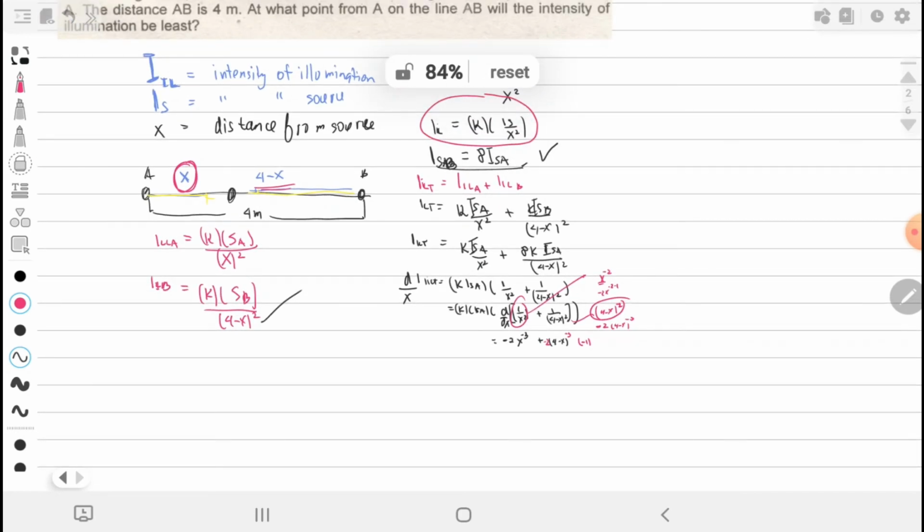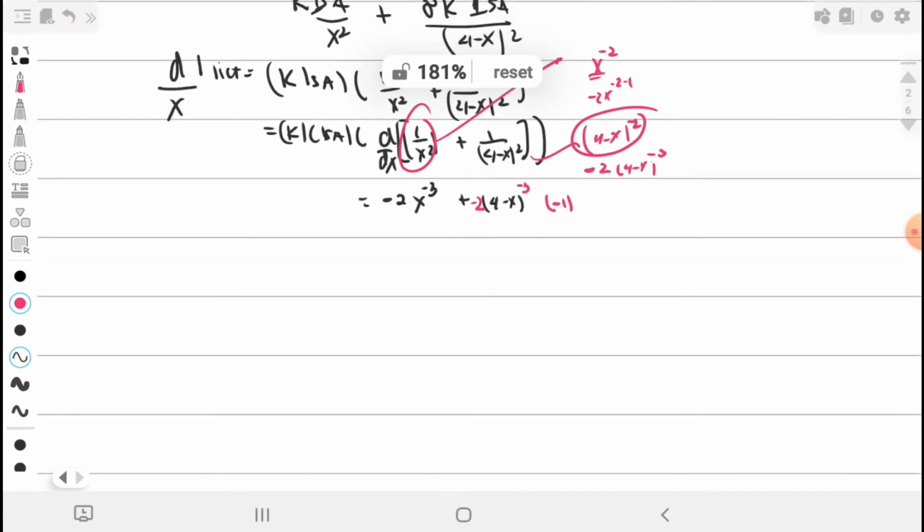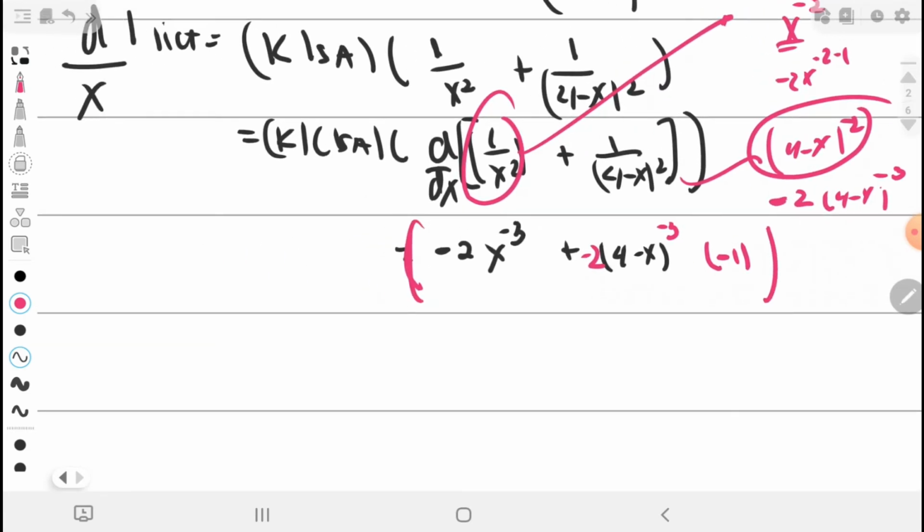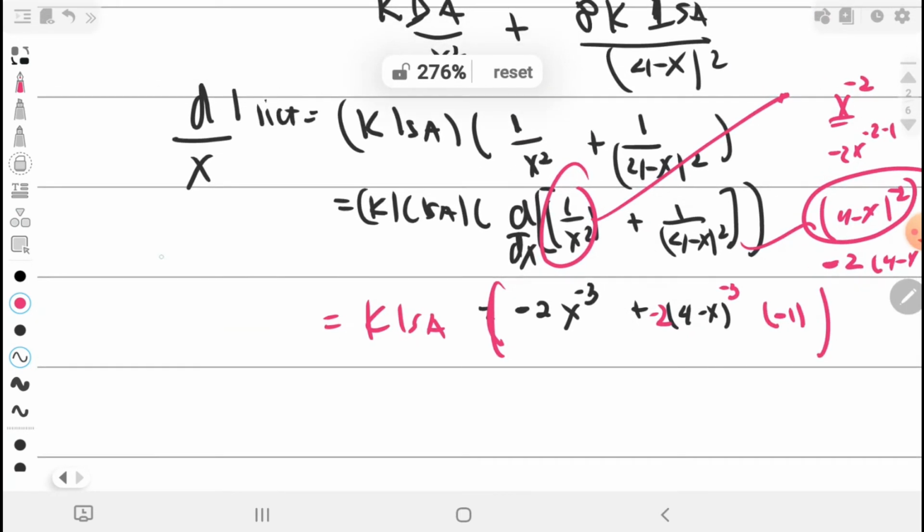So, 4 minus x. From that, of course, multiplied by our k I_SA. In order to minimize this, the derivative of I_LT total with respect to x, dx, should be equal to 0.